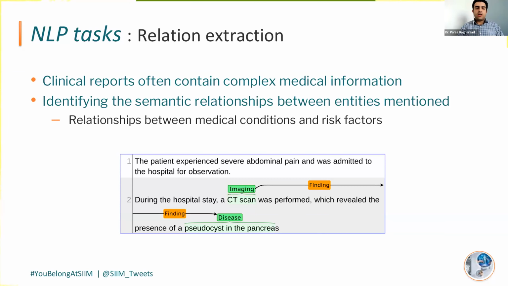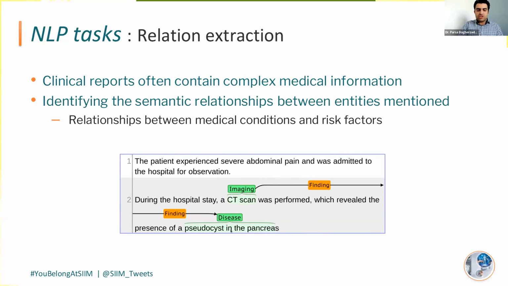So usually when you're talking about relations, we are talking about events, what kind of events happened, and what caused what, or what was revealed by what. For instance, this entity revealed what? Revealed a disease. So this imaging, this test, as a finding of this test, we can associate this disease as a finding of this test.